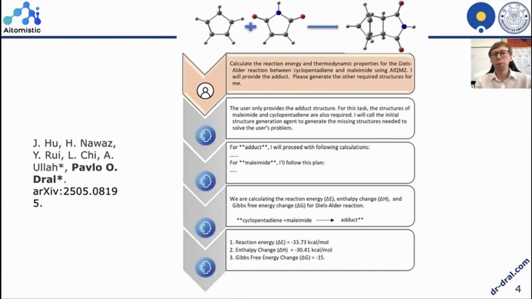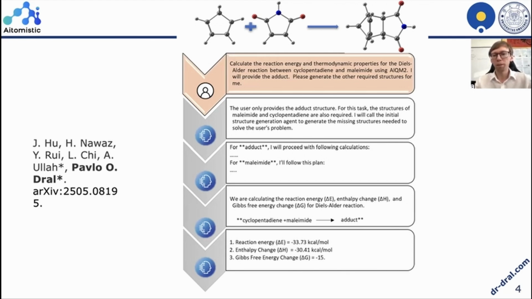That was a very simple example. It was just two tasks: generate a structure, calculate the infrared spectrum. But in principle, in quantum chemistry and computational chemistry, we want to perform more complex simulations. And one typical task is to calculate thermochemistry for chemical reactions.